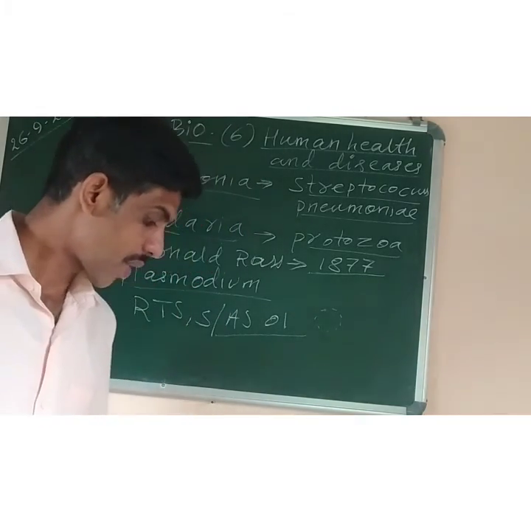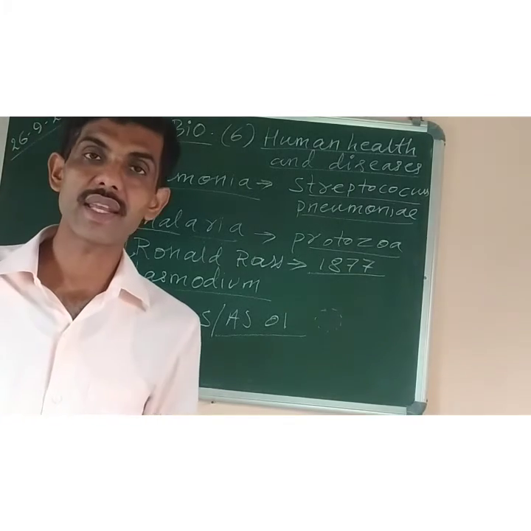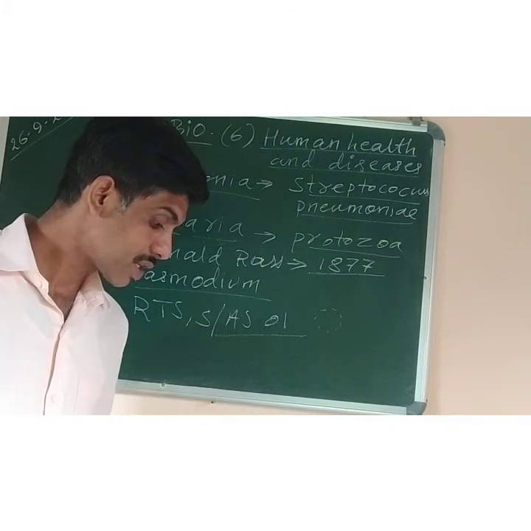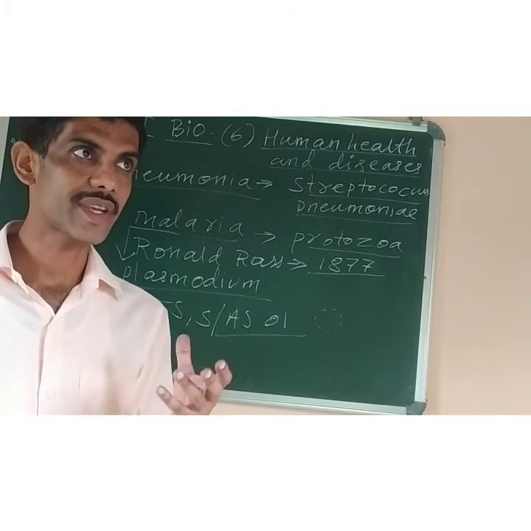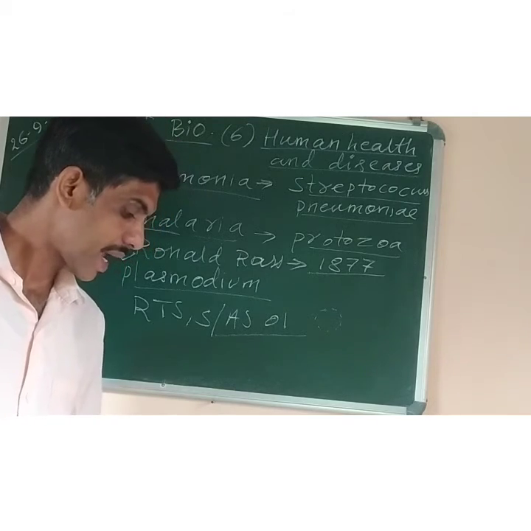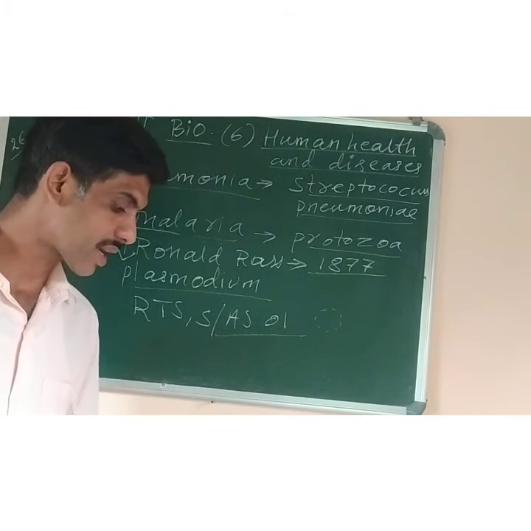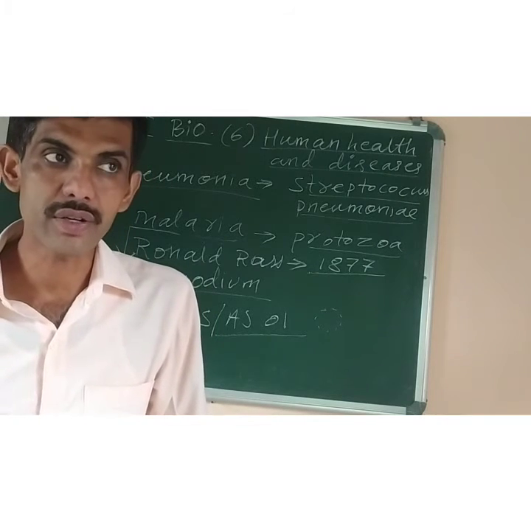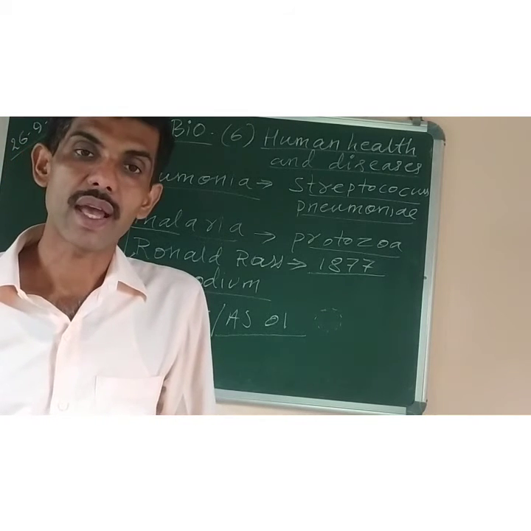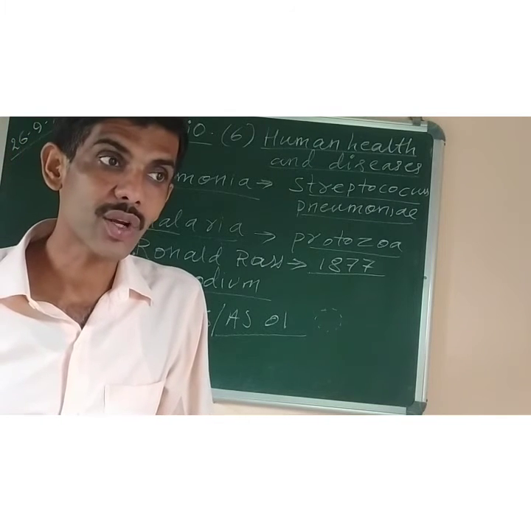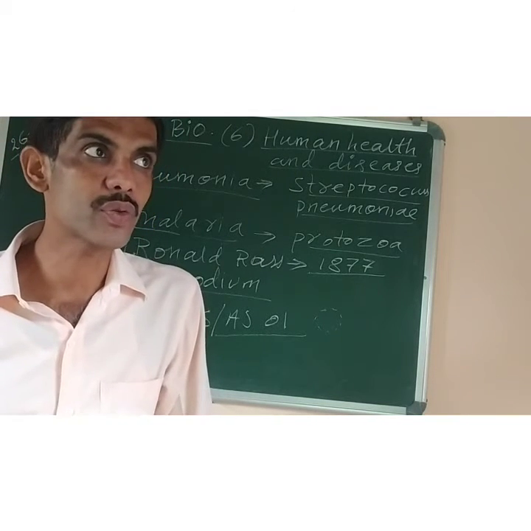So what is the cause of cancer? Cancer is not a contagious disease, meaning not communicable, so it cannot spread from a sick person to a healthy person. And agents which cause cancer are called carcinogens. Cancers are caused due to harmful ultraviolet rays of the sun also. Cancers are also caused due to certain food items which are carcinogenic in nature, which can produce cancerous cells, so we must avoid eating those food items.